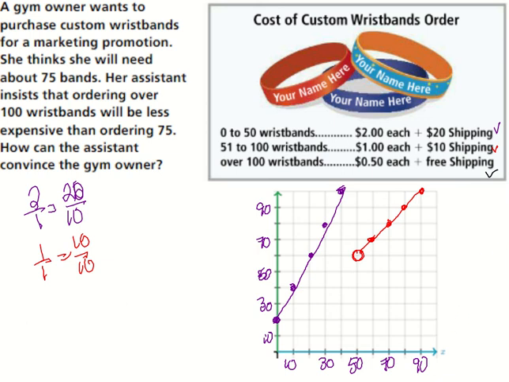Now the last one has no shipping, so it's down here at 0. Its slope is a half, so we can do 10 and then 20. But I can't start here because I have to get all the way over to 100 wristbands, which barely fits on my graph.